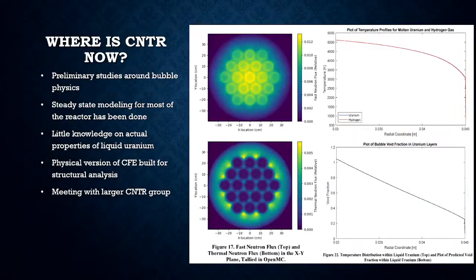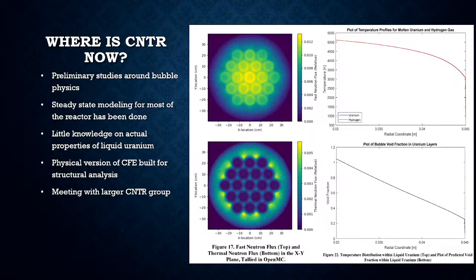So, good question is, where is CNTR now if it's only been in research for around 5 years now? So right now, the big area of focus is actually bubble physics, which is extremely complicated, and I will not be getting into that today. They've also done steady state models for when the rocket is firing, for the actual neutron stuff as well as heating.